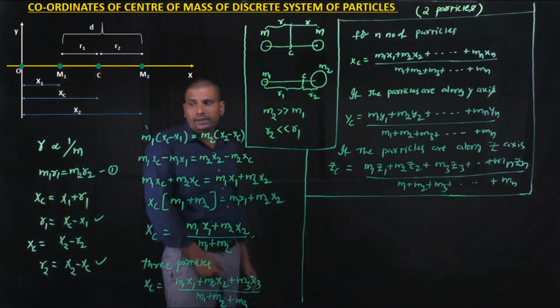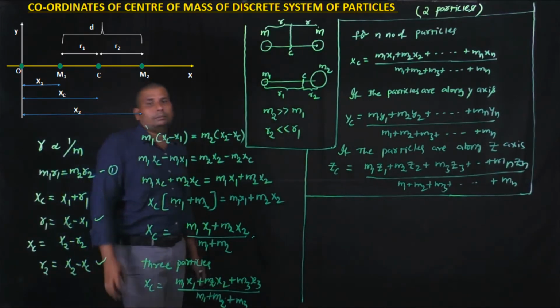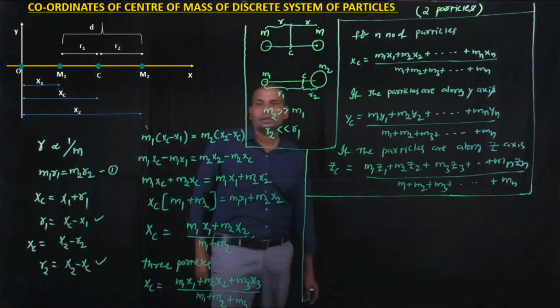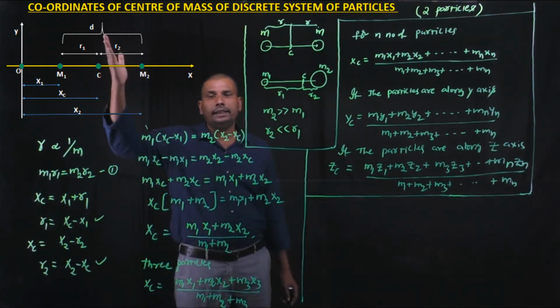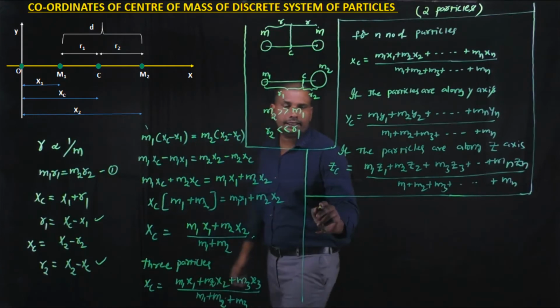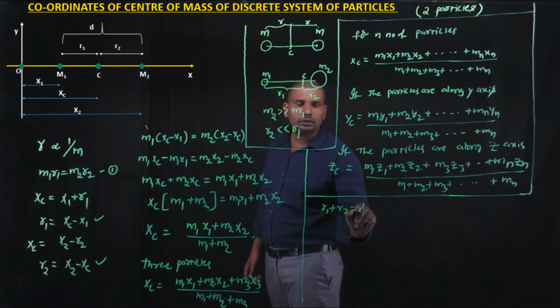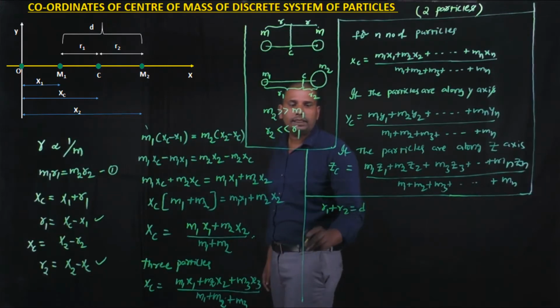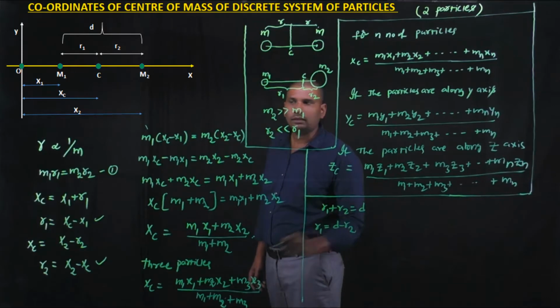Here the equation 1 is m1r1 plus m2r2. By observing the diagram, the total distance between those two particles is d. It is written as r1 plus r2 equals d. From this, r1 is equal to d minus r2.